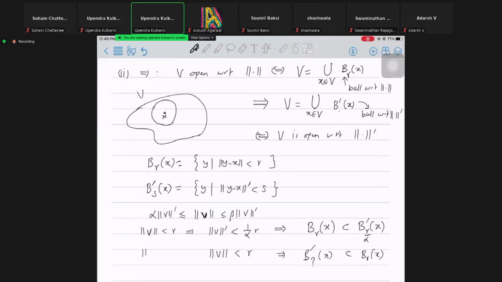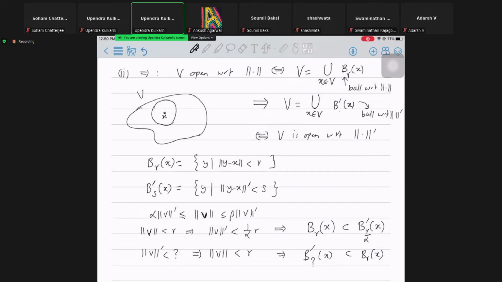So that means I want some inequality on the primed norm of v, less than question mark, which should imply that the unprimed norm of v is less than R. So what should go in the place of question mark? Alpha R. R by beta.